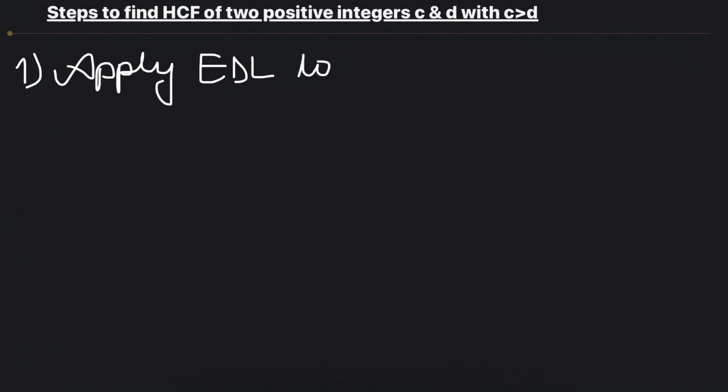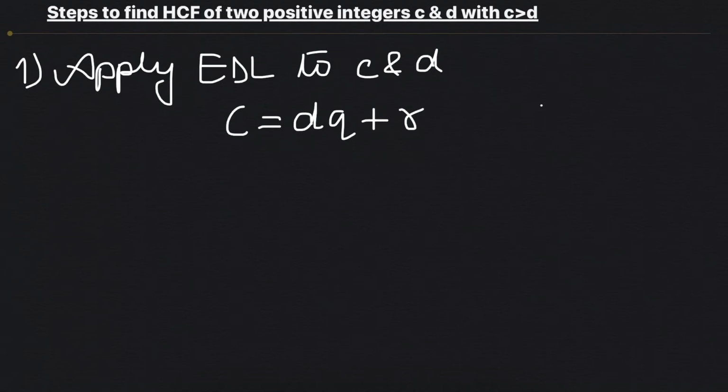So now discuss the steps to find the HCF of two positive integers c and d, where c is greater than d. The first step is apply Euclid's division lemma to c and d, so that c is equal to d into q plus r, where r is greater than or equal to 0 and less than d.